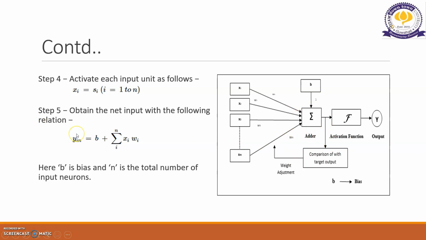The equation for the net input at the adder portion is yin equals the bias plus the summation of xi times wi, where xi stands for your input, i goes from 1 to n because you have n neurons, and wi represents the weights associated with each input value.